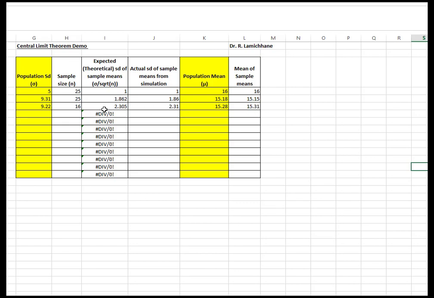So this is the central limit theorem. You don't need to know the actual population mean or population standard deviation if you know the distribution of the sample mean. The mean of the sample mean is equal to the population mean, and the standard deviation of the sample mean is equal to sigma over square root of the sample size n.